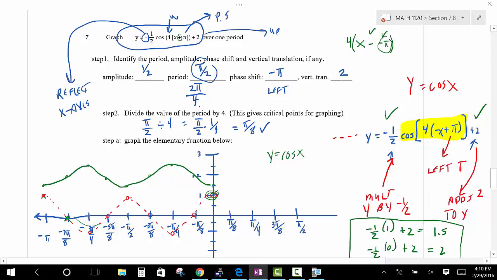The general form is x minus something, okay? So see, it's kind of like this. If you had cosine of x minus pi over 2 versus cosine of x plus pi over 2, like I said, that needs to be a minus. Since that's a minus, that means your phase shift is pi over 2 to the right.